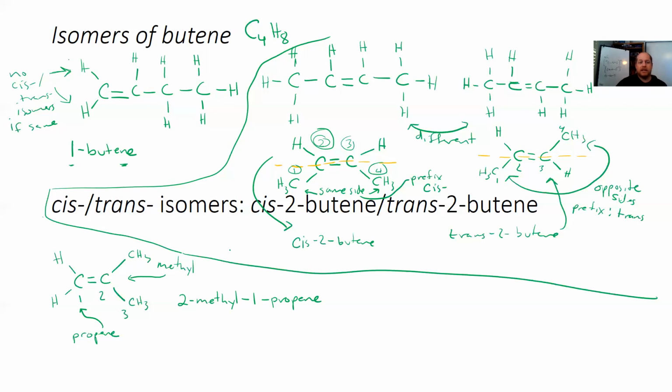Actually, you wouldn't even need to write in the 1 in this case. So it would be 2-methylpropene, because even if the 1 is on the other side, you don't need to write it in because it would still be the same thing. And so this molecule would be 2-methylpropene.